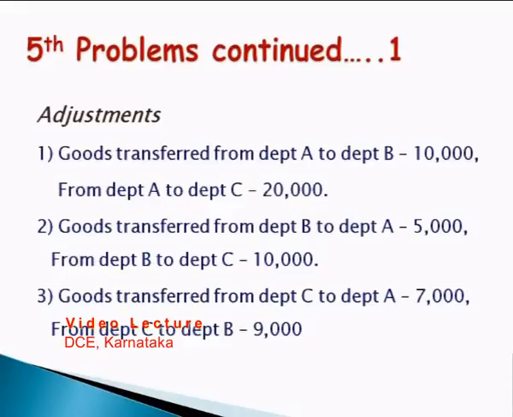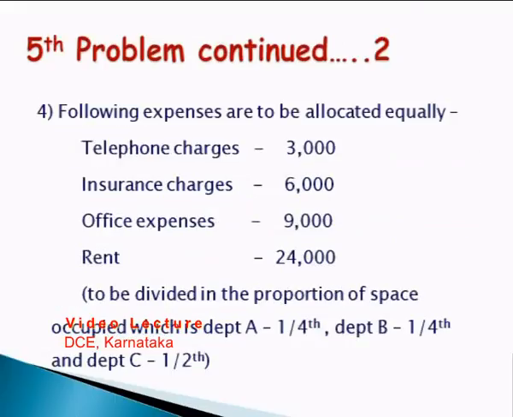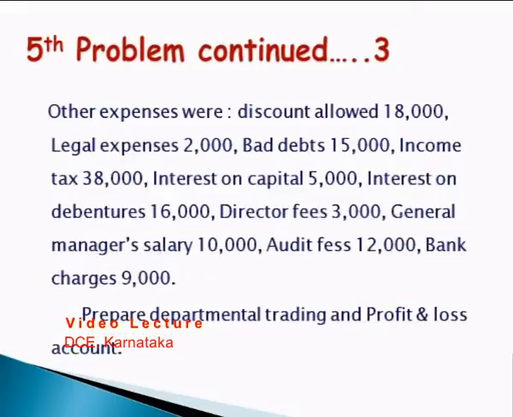In the second adjustment we have goods transferred from B to A and B to C, from C to A, and from C to B. Along with that we have many other expenses. With this we have to prepare the departmental trading account as well as the profit and loss account. But remember, in this problem they have not asked us to prepare the balance sheet.